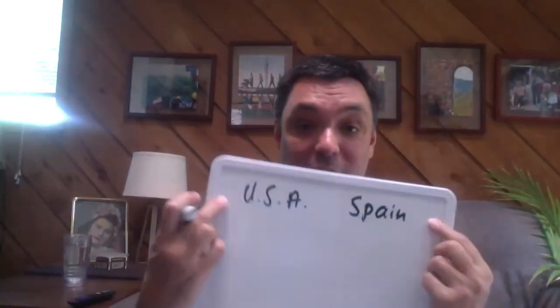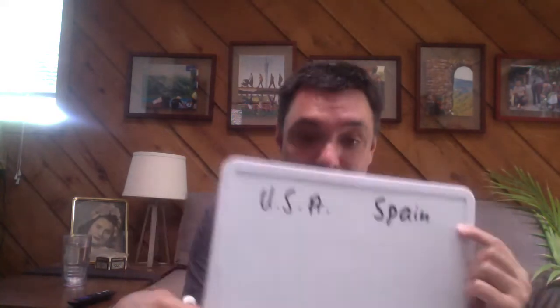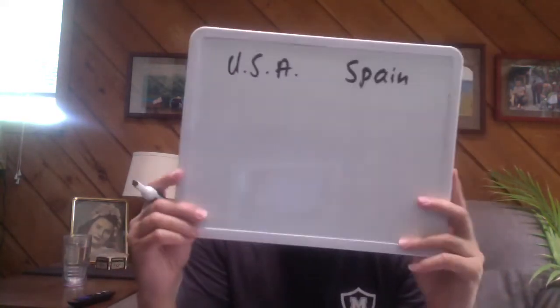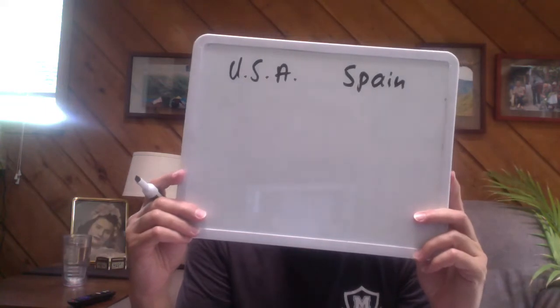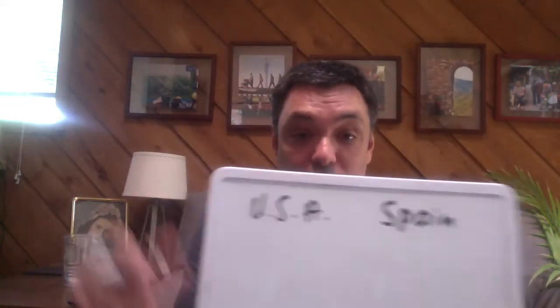Representatives of the USA and Spain. Remember, if I wrote these down, they're going to be your word choices for the fill in the blanks. So, representatives of the USA and Spain met in Paris, France, to draft a formal peace treaty.